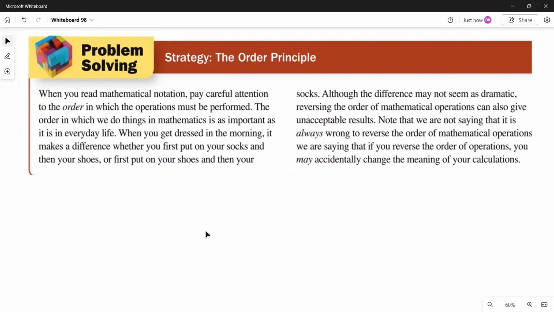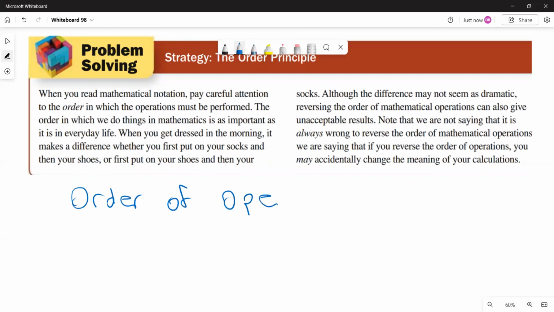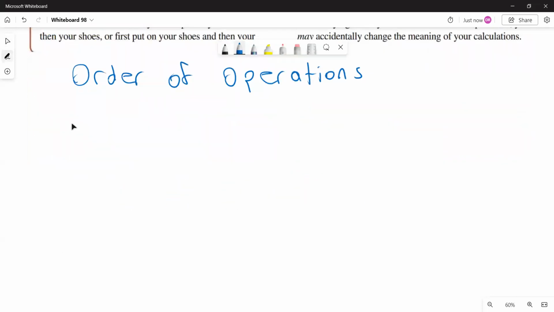Okay, so the order of operations is that you first do parentheses. So start with parentheses. Okay, once you simplify the parentheses, work with exponents.